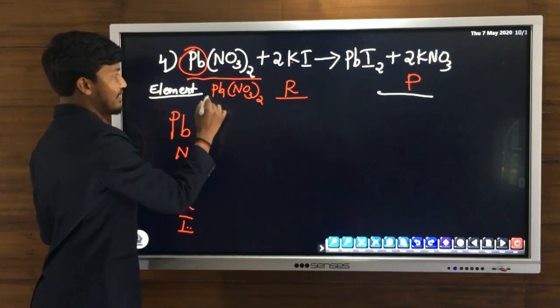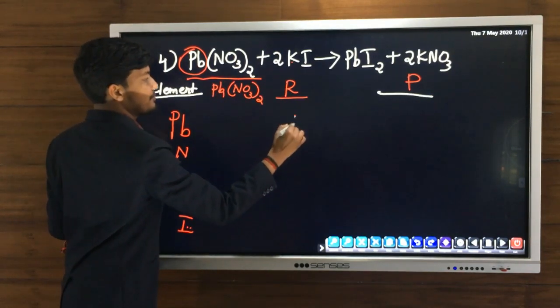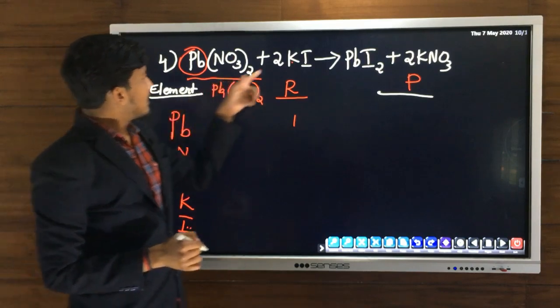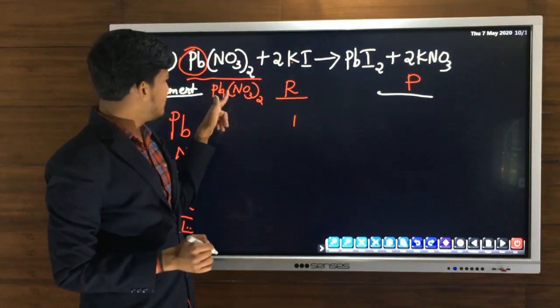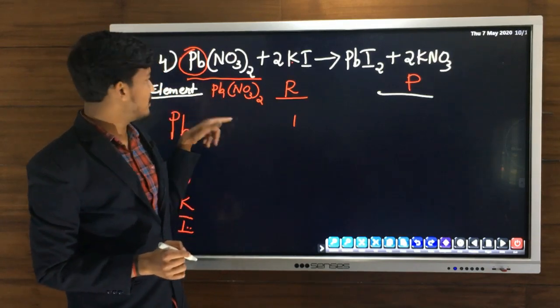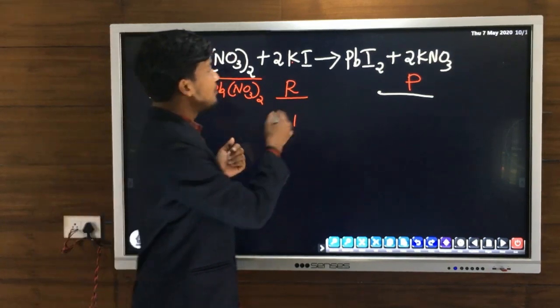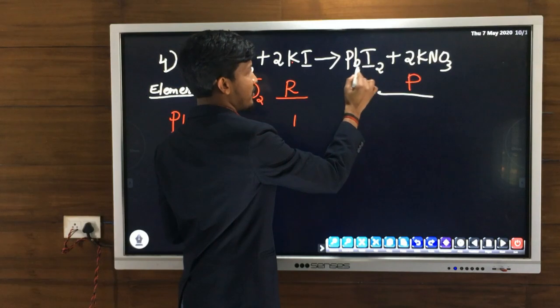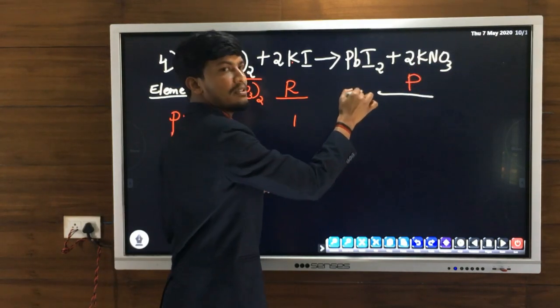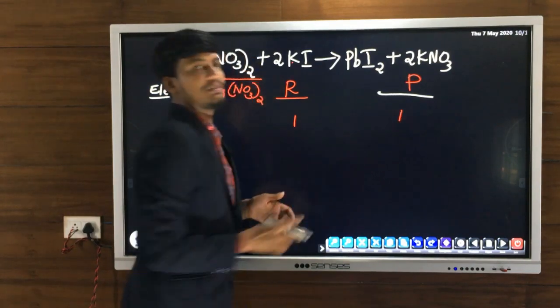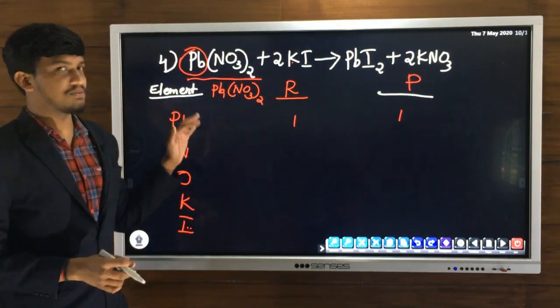So the number of lead atoms is 1, because there is no Pb in the second reactant. Pb is only in the first reactant. Now on the right side, the first product is PbI2, that is Pb1 I2, so the number of lead atoms is 1.